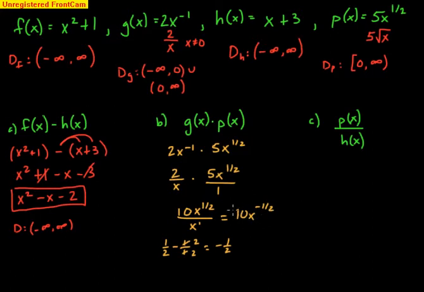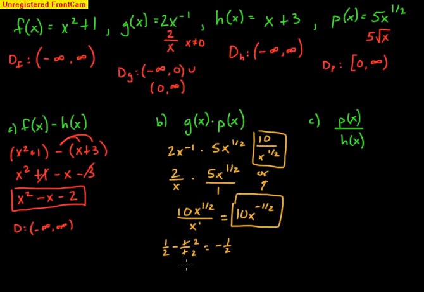Well, it could be your final answer. That's fine with me today in this problem. Or you can make that 10 over x to the 1/2. Okay, so we're kind of laid back when it comes to the answers here.